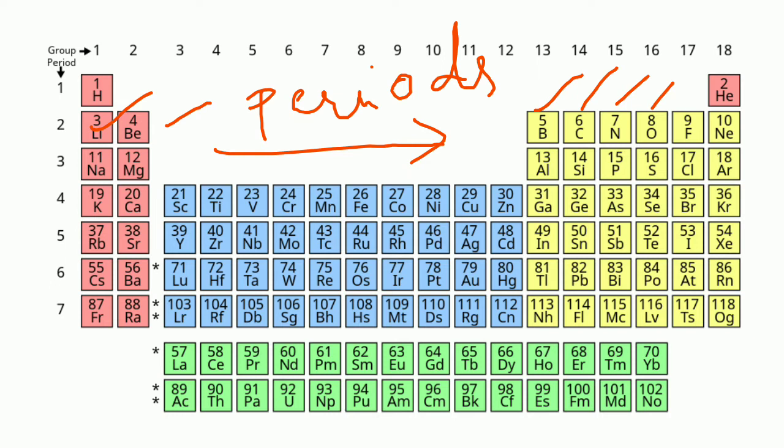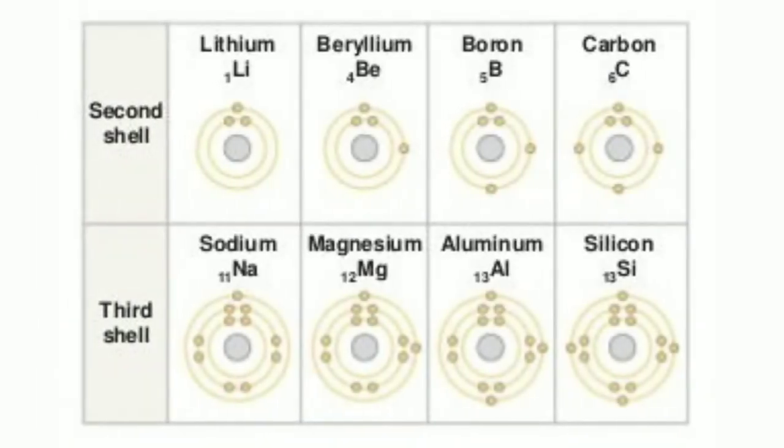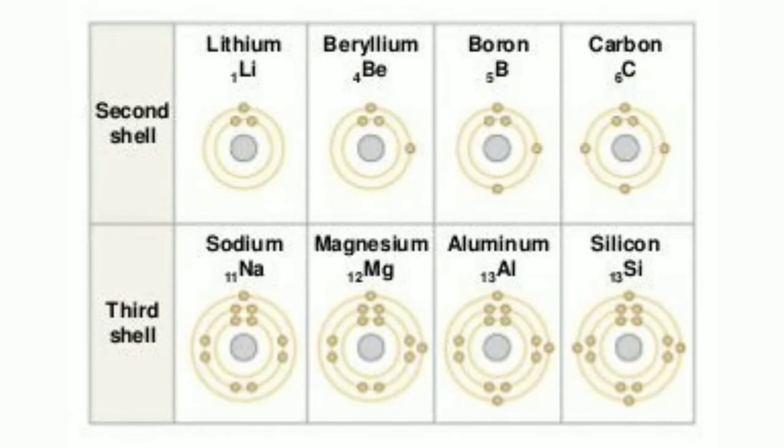But the number of valence electrons increases when you move from left to right. Lithium has 1 valence electron, beryllium has 2, boron has 3 valence electrons in their outermost shell. But the number of shells remains the same across the period. This is about the arrangement of elements in the periodic table.